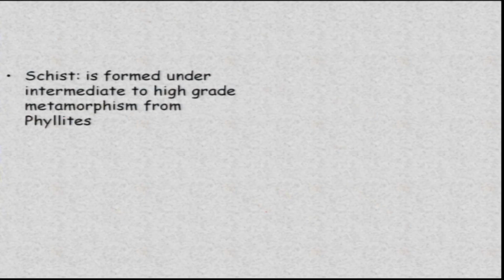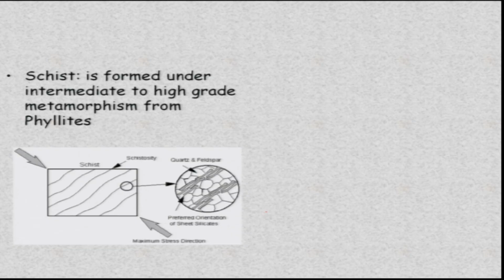So schist, another metamorphic rock, is formed under intermediate to high grade metamorphism when phyllites are subjected to higher pressure and temperature. They will result in the formation of schist. The texture is termed schistosity.